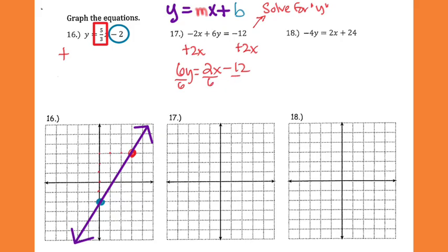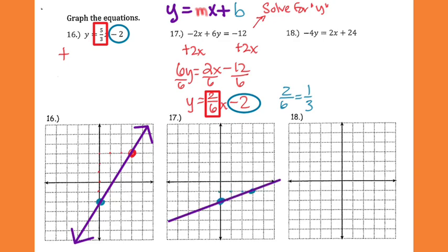Then I divide by 6, and I get y equals 2/6 x minus 2. Now again, I don't have 6 on this graph, so I'm going to reduce that slope to be 1/3. First I start with my y-intercept of -2, and then I rise 1 and run 3 and draw that line, because I can't rise 2 and run 6. There is no 6 on here.